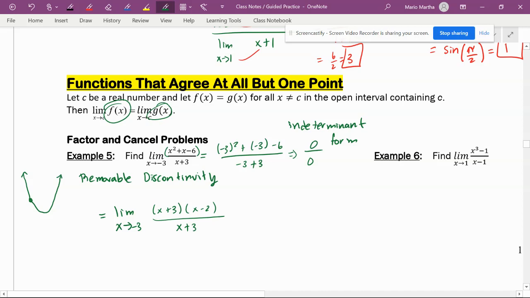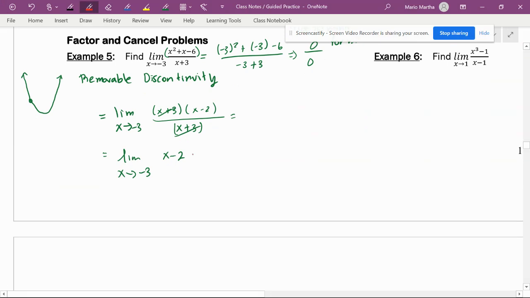Now this is where I'm finding g of x, right? I simplify. I can divide these two out, and I'm looking now at the limit as x approaches -3 of x minus 2. Knowing this, I can now use direct substitution one more time. So this is -3 minus 2 equals -5.